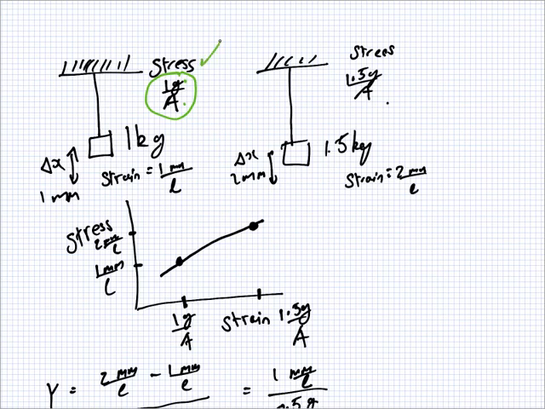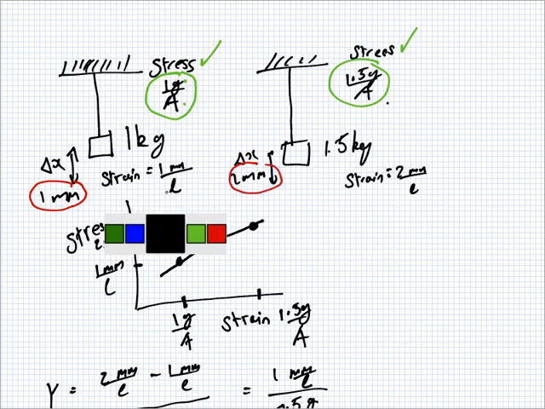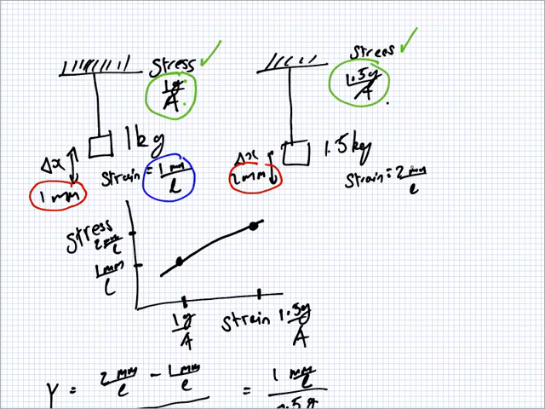In the second case, the stress is 1.5g over A. In the first case, it extends 1 millimeter, and in the second case, it extends 2 millimeters. So the strain is 1 millimeter over the length, and here it's 2 millimeters over the length. So this is the stress, this is the strain.